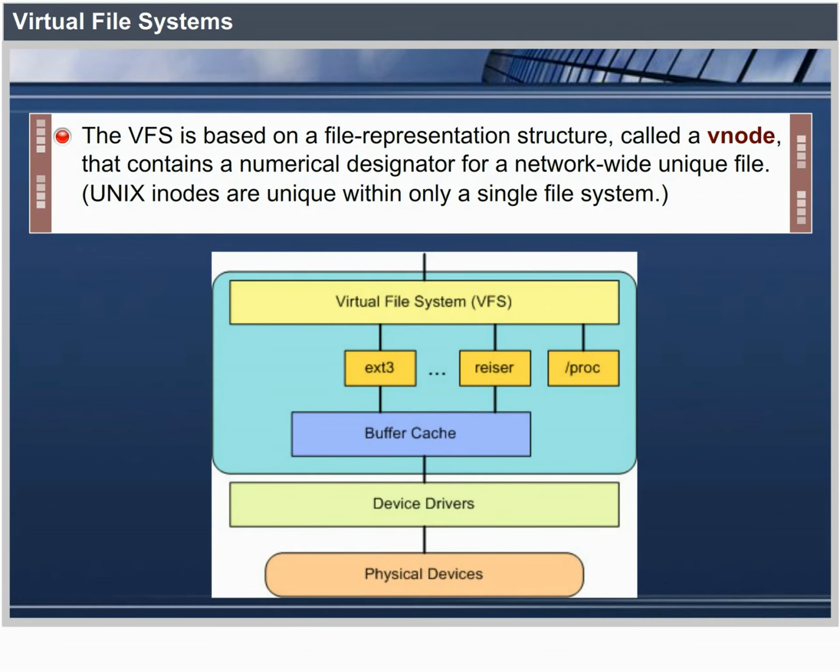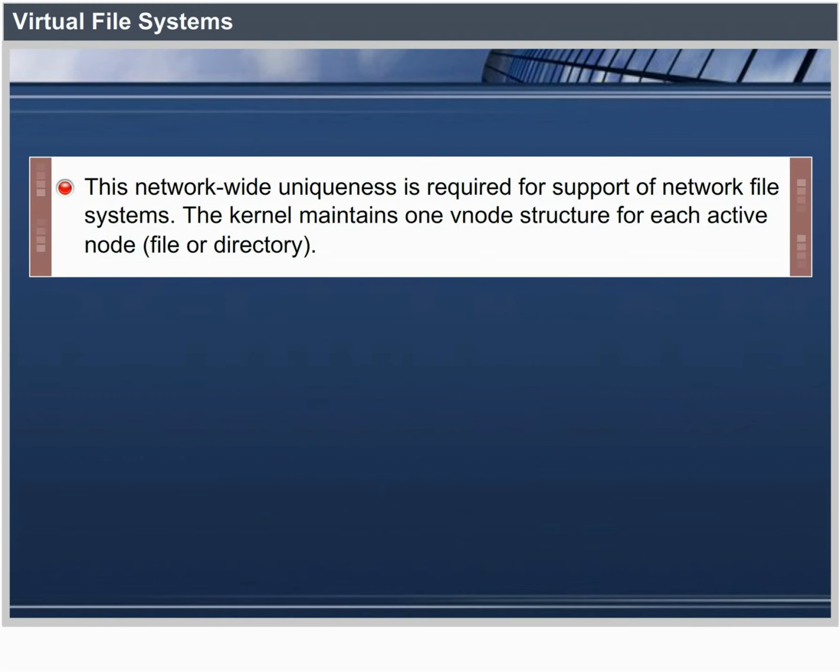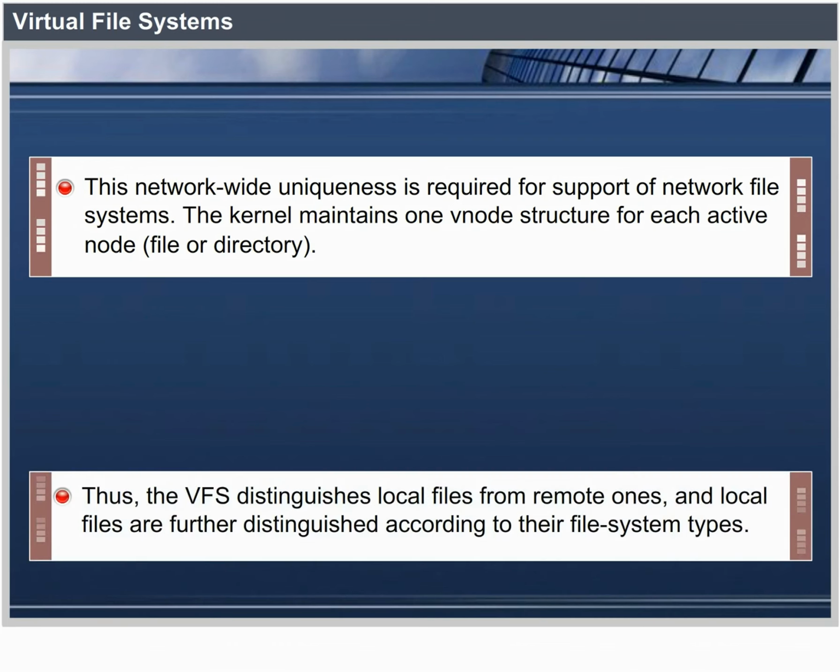Unix inodes are unique within only a single file system. This network-wide uniqueness is required for support of network file systems. The kernel maintains one vNode structure for each active node, file, or directory. Thus, the VFS distinguishes local files from remote ones, and local files are further distinguished according to their file system types.